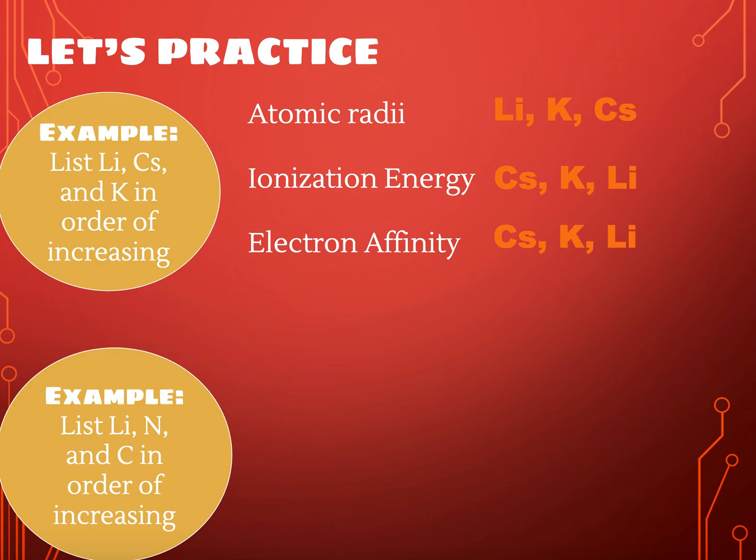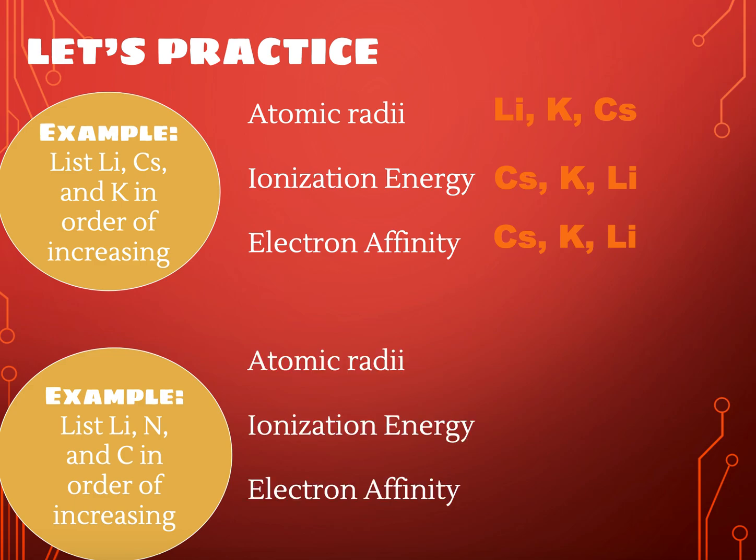Here we have lithium, nitrogen, and carbon. These are all in the same period. They are all in period 2. But you'll be asked the same question. How do they rank for atomic radii? If you didn't do it on the last one, go ahead and pause the video and try doing this, and then we'll go over it.